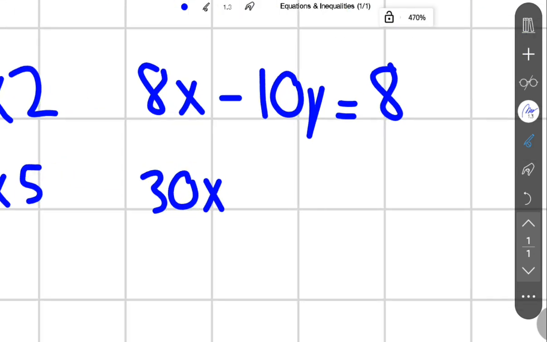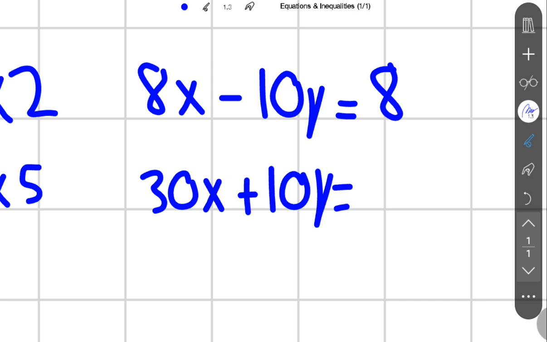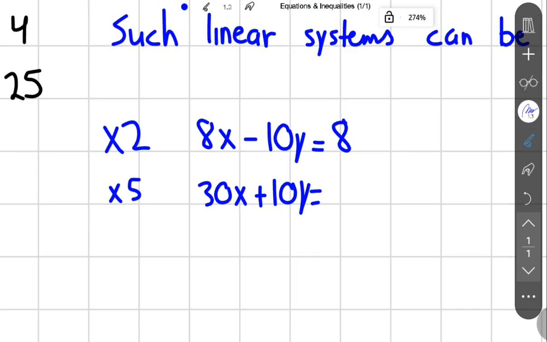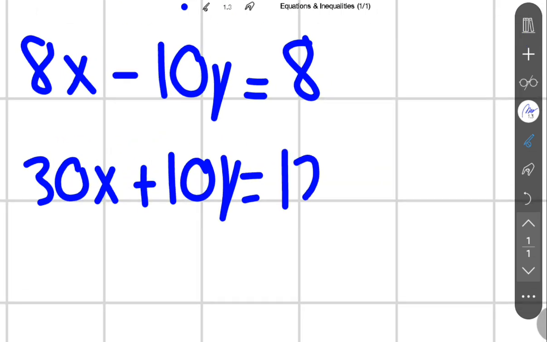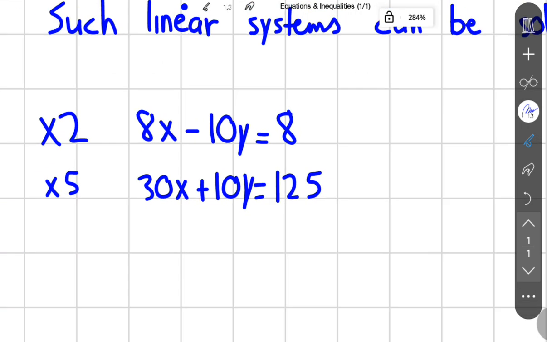Positive 2y, so we'll have plus 10y, equals 25 times 5, that's 125. Yes, 125. And now you just have a new linear system you could solve, such that you could already eliminate one of the variables.